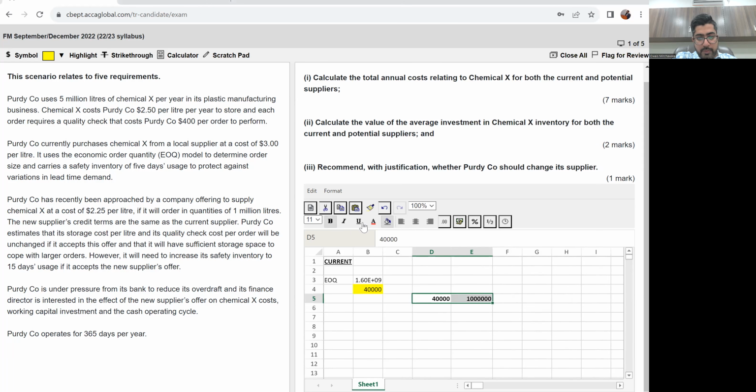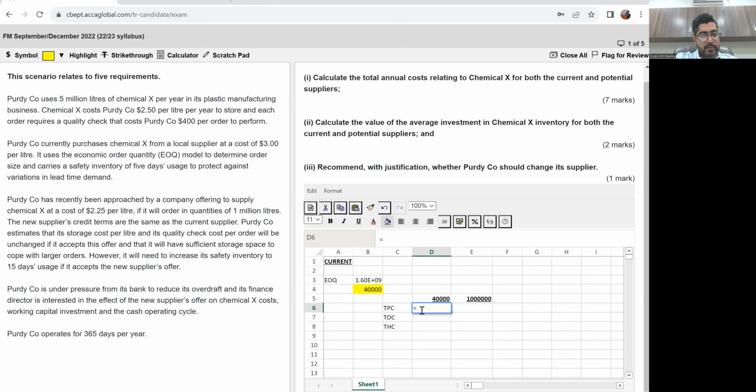So the total annual cost of stock of current and potential suppliers will be TPC, TOC, and THC. TPC is purchase price per unit times annual demand.